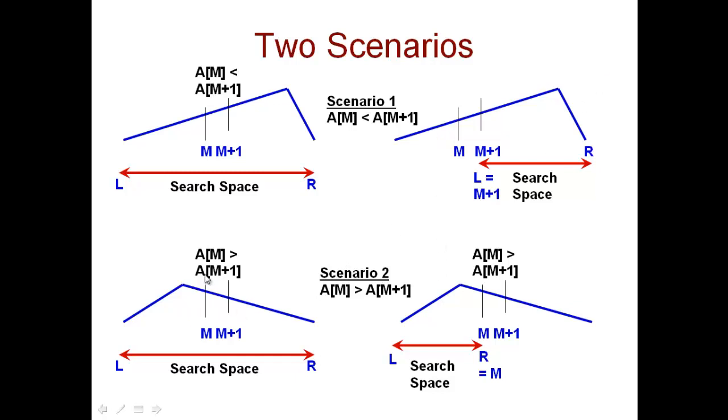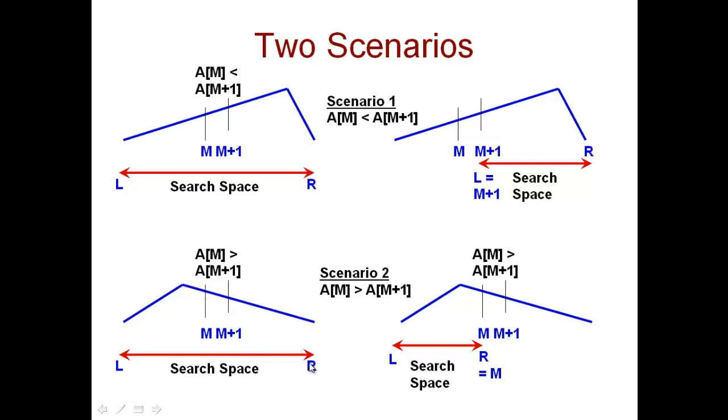On the other hand, if the array value at the middle index is greater than the array value at middle index plus 1, then we can be sure that the maximum cannot be at middle index plus 1 or anything further down all the way to the right index, because we are in the decreasing portion of the array. So the array value at the middle index is greater than the value at middle index plus 1.